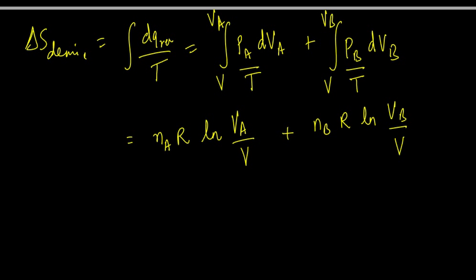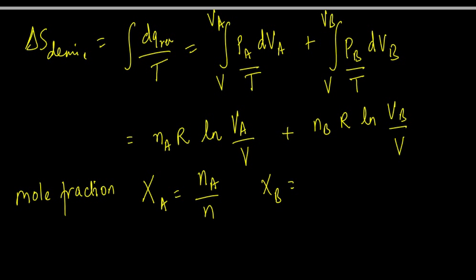I could define something called the mole fraction, which is XA is equal to Na by the total number of moles, XB is equal to NB by the total number of moles. Because these are ideal gases, the volume of gas A divided by the total volume would also be equal to the mole fraction.